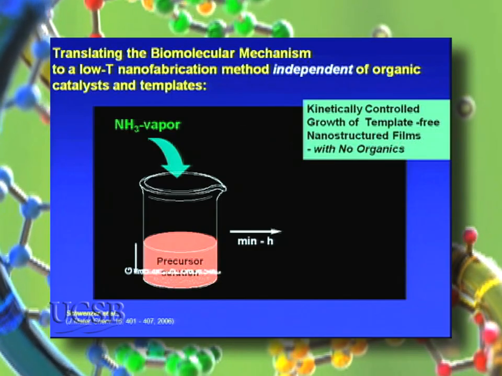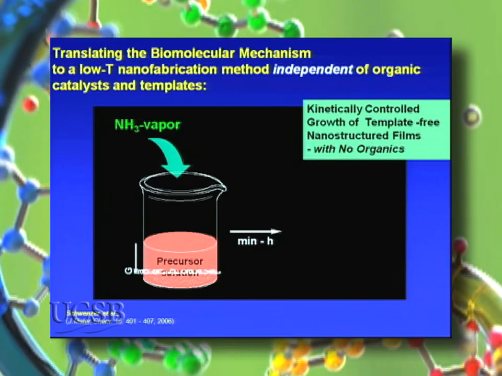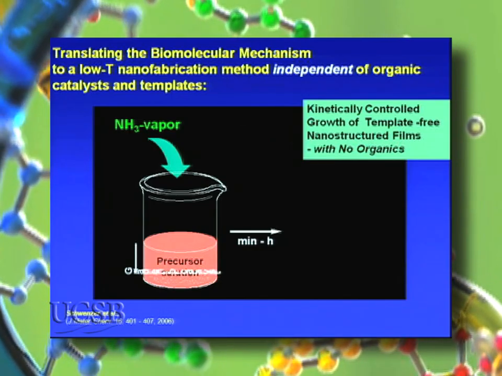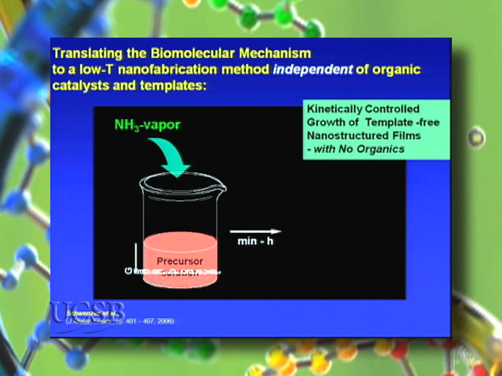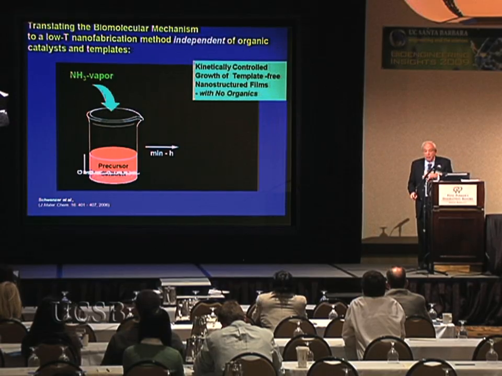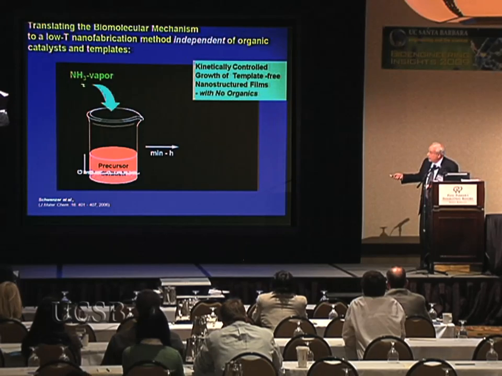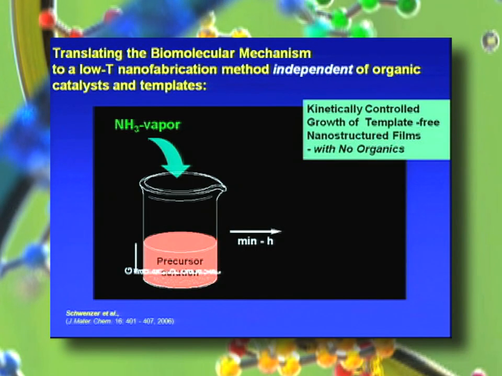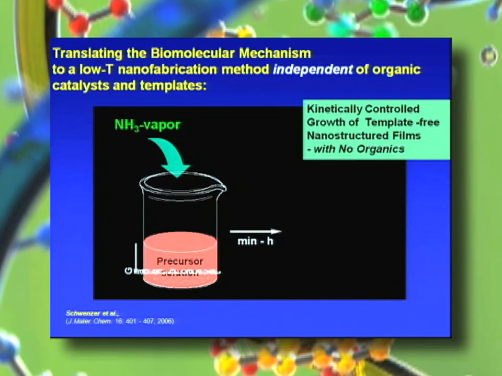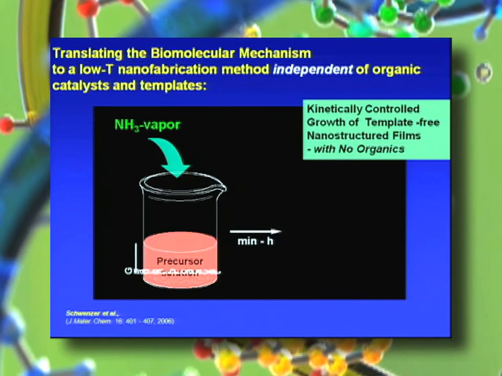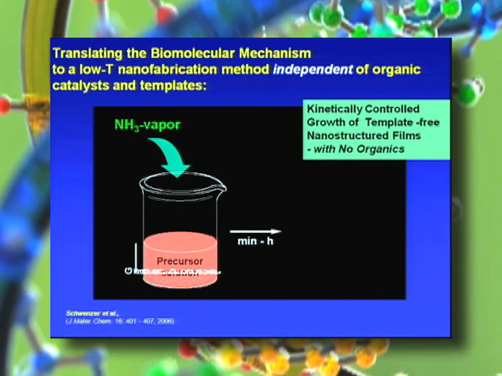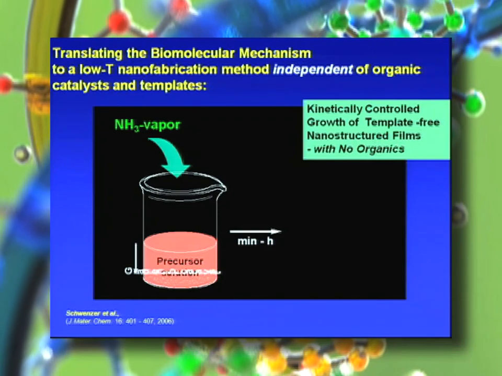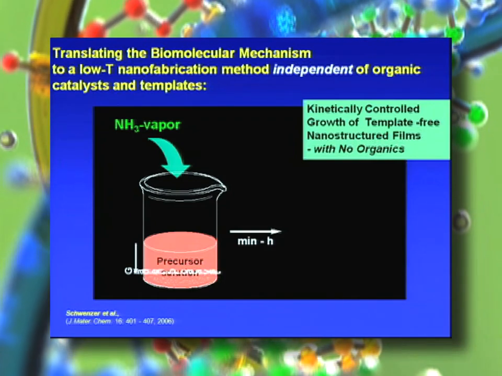One simple way that we have first used is to use vapor diffusion of a low concentration of the catalyst, a catalyst of hydrolysis of molecular precursors. These can be, we've shown, either alkaline or acid or even water vapor, diffusing through a solution of a molecular precursor that must be hydrolyzed prior to polycondensation to form the metal oxide network.